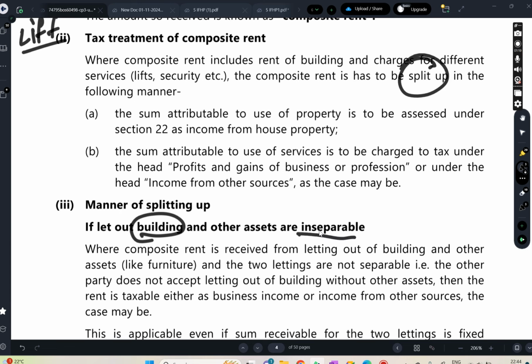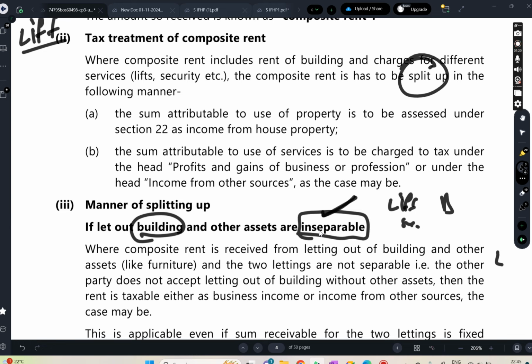So this is inseparable, because without lift, let's say it is 20 floor, 30 floor, 40 floor, people obviously won't take the building. So lift is mandatory, power backup is mandatory, security is mandatory. I cannot give the building separately from lift and power backup, all these things.